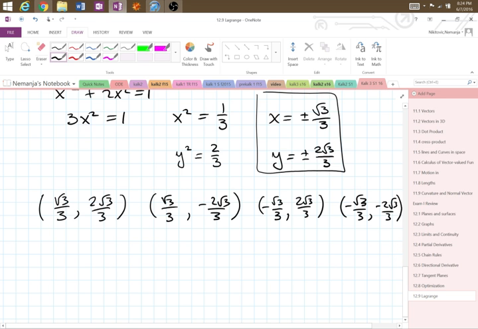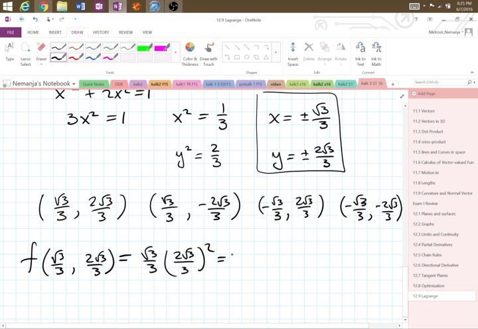So all you need to do now is to compute f of each one of these. So f of root 3 over 3, comma, 2 root 3 over 3. Our function was x times y squared. So root 3 over 3 times the square of 2 root 3 over 3. When you square it, the 3 cancels the 3, so over 3, we get 4 root 3 over 3.